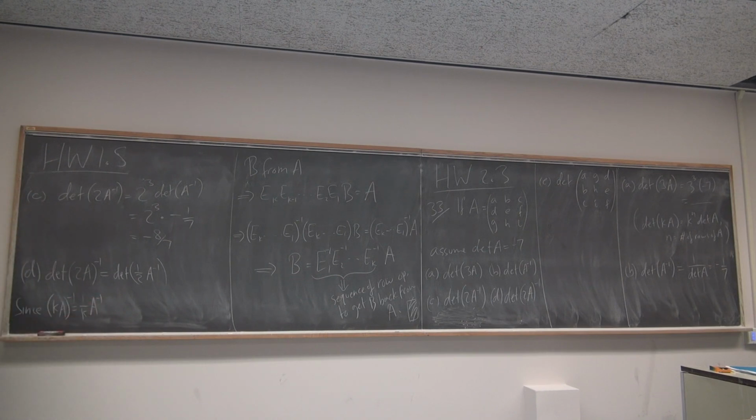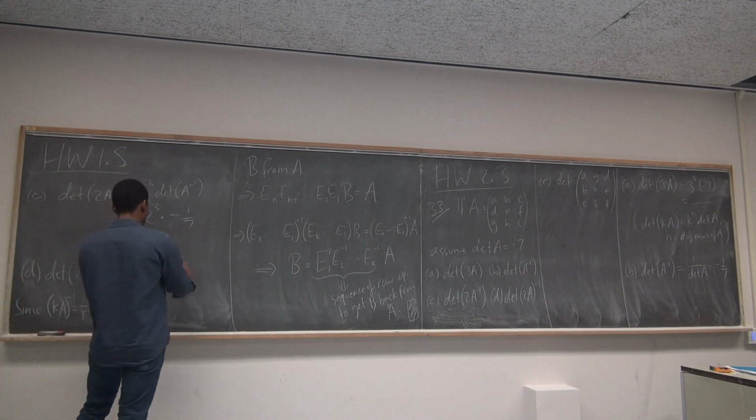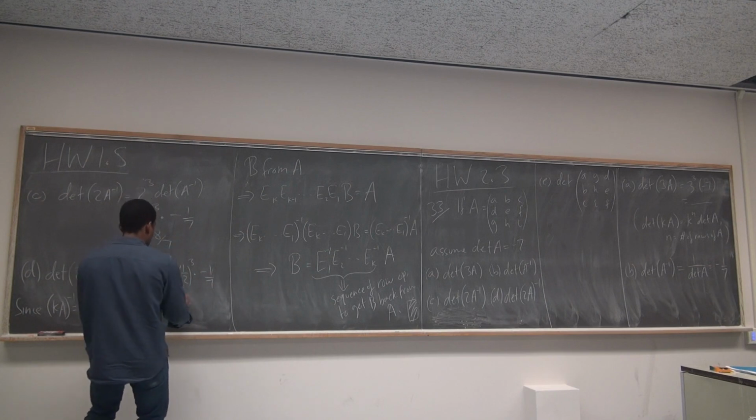So I can just replace that 2 with a half, and then you would just have a half to the third times minus 1 over 7 plus minus 1 over 8 times 7.